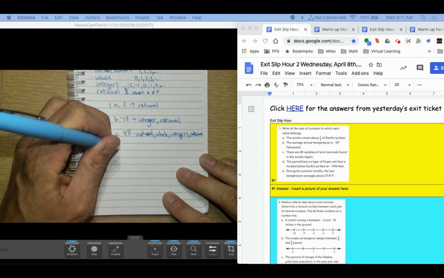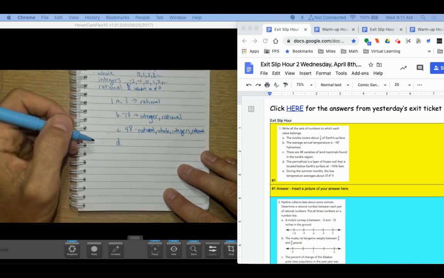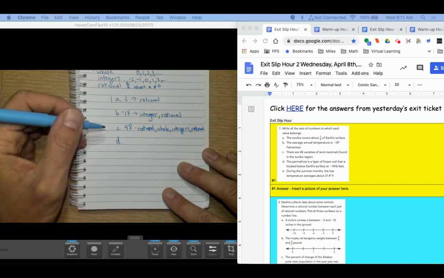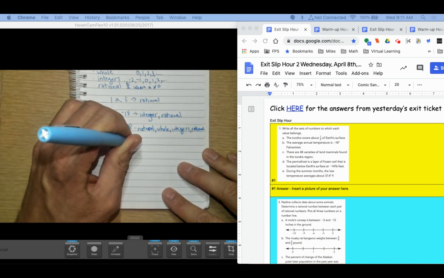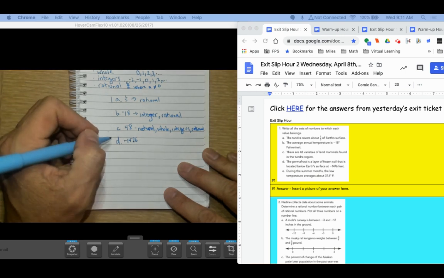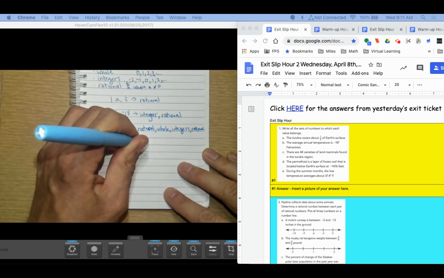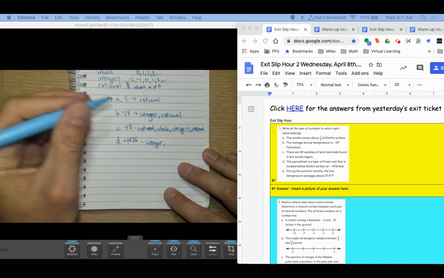If I look at D, the permafrost is a layer of frozen soil that is located below Earth's surface at -1,476 feet. And so that's a negative number, and so that would be an integer. And an integer is also a rational number.